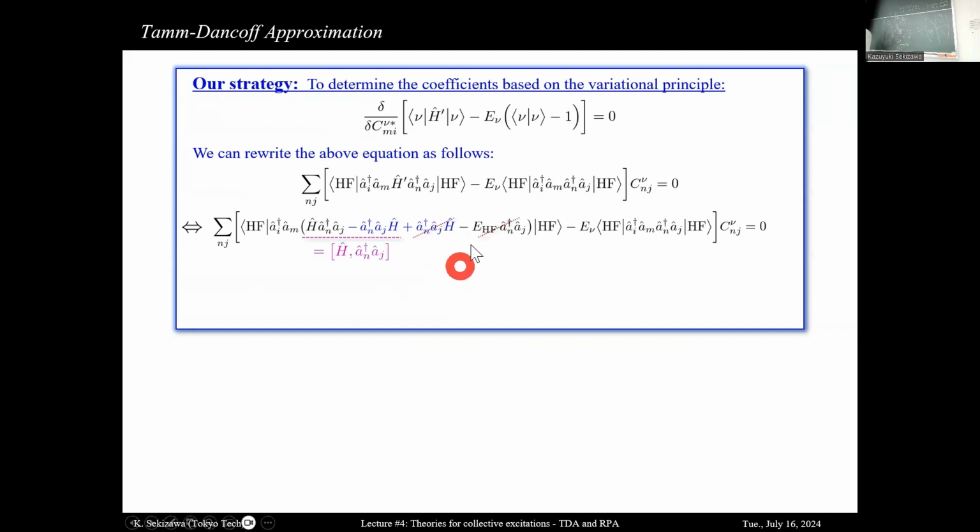So this energy shift and this term cancel out. This is plus and minus, and this H hat will be H Hartree-Fock, so this will vanish. And the rest is here. If you look carefully, you can write this equation by the commutation relation of H and a_m dagger a_i.